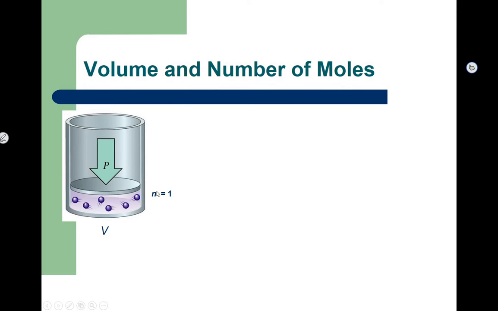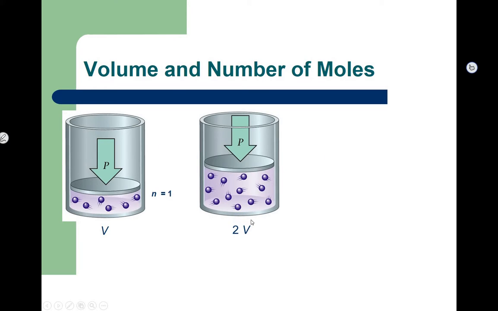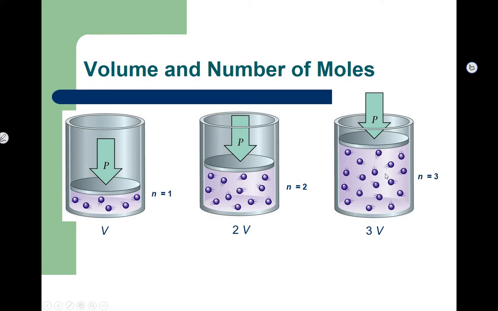If I have a volume of moles, n is equal to moles, and I have a pressure coming down, I'm going to have a certain volume. If I double that number of moles to keep the same pressure, I'm going to have to double the volume. If I have triple that number of moles, I'm going to have to triple the volume to have that pressure remain the same.